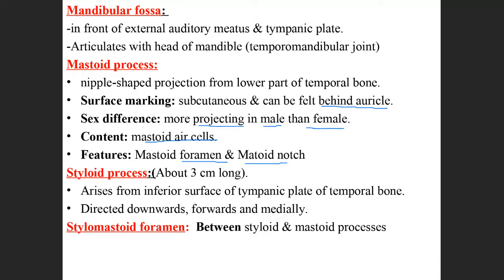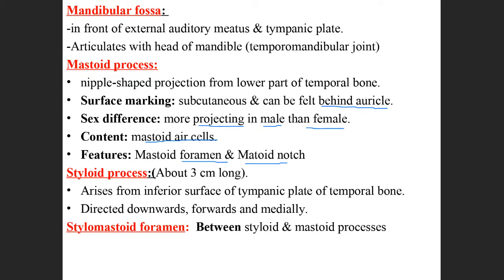And then the styloid process. What is this styloid process? When you see the skull, there is one small spine-like structure. It is called the styloid process. So from where does it come?